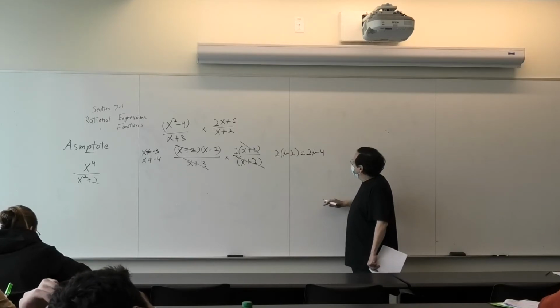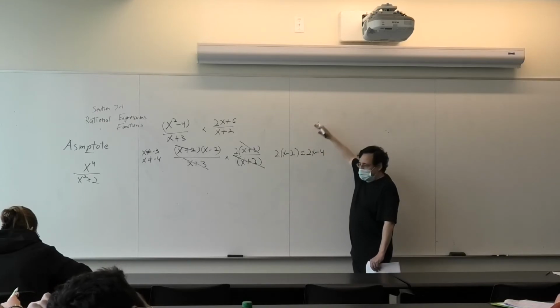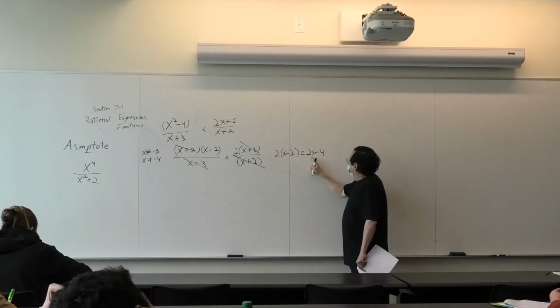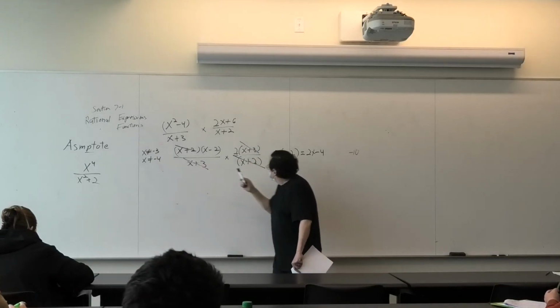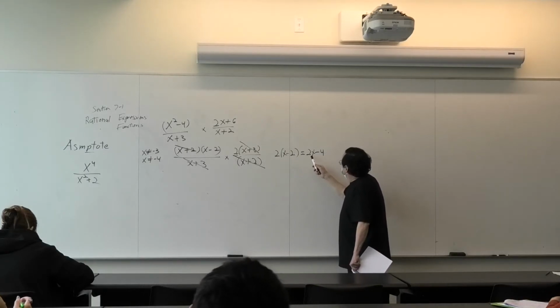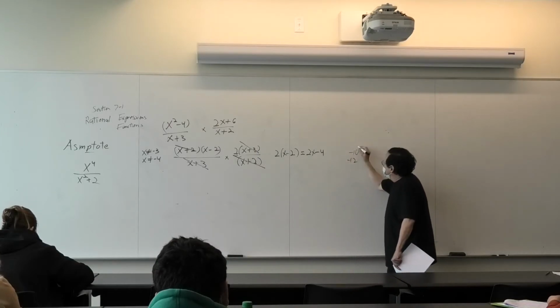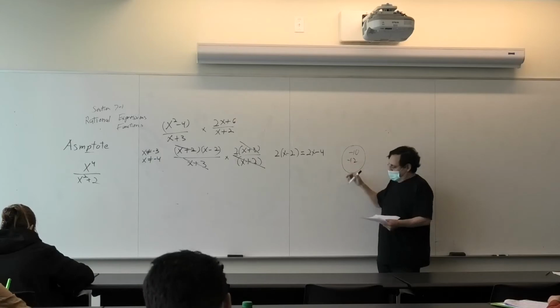The range of this, because it's a line, will be almost all real numbers, except if I plug in minus 3, I get minus 6 minus 4 is minus 10. Plug in minus 4, get minus 8 minus 4, minus 12. So the range will be all real numbers except minus 10 and minus 12.